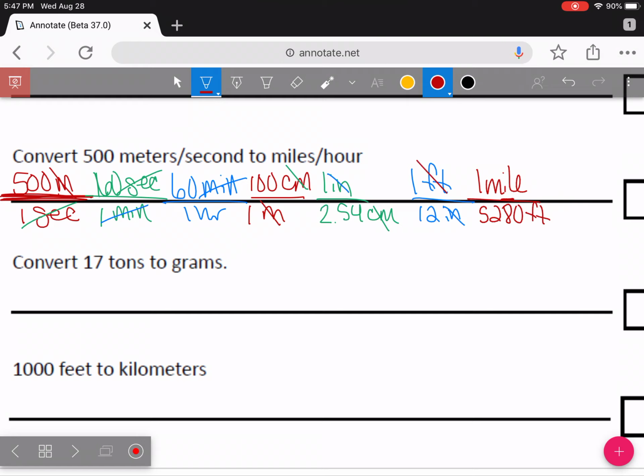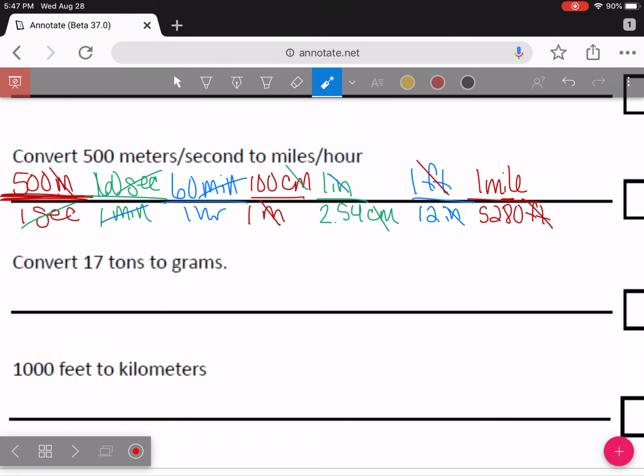So feet cancel out. And what we're left with is 500 times 60 times 60 times 100 times 1 times 1 times 1 on top. And then we have 1 times 1 times 1 times 1 times 2.54 times 12 times 5,280 on bottom. And then we just divide those numbers from each other, and that will give us our final answer.